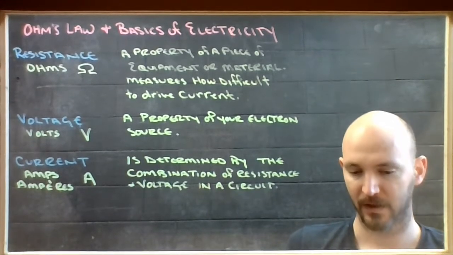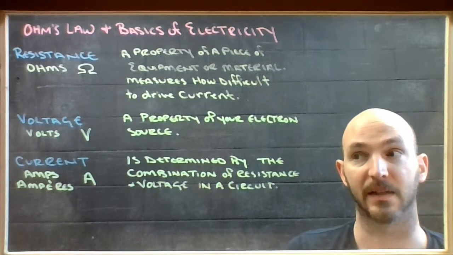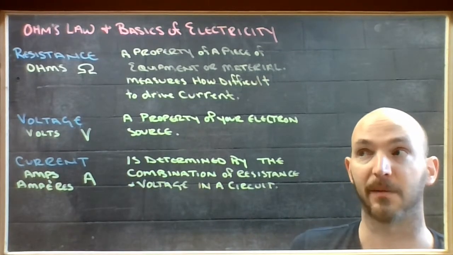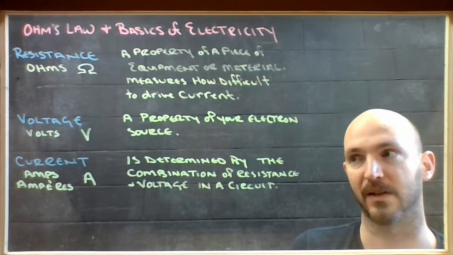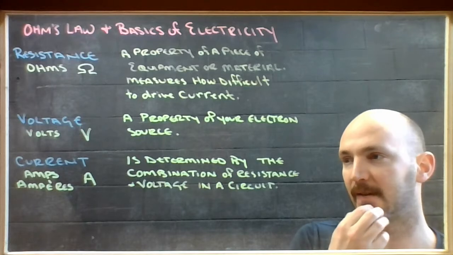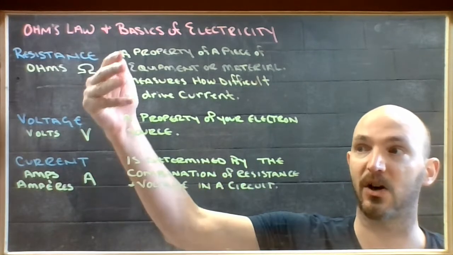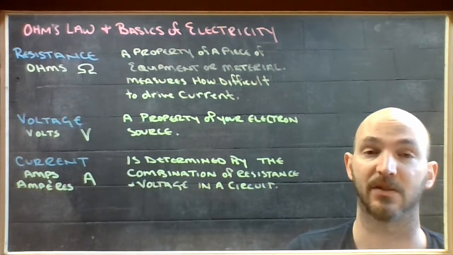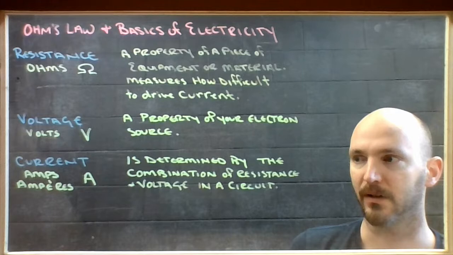Okay. So if you put a high voltage on a low resistance circuit, then you're going to get a huge amount of current happening. If you put a low amount of voltage on a high resistance circuit, you're going to get very little current flowing. So this thing here is sort of a consequence of the combination of pieces that you attach to your machine. All right.